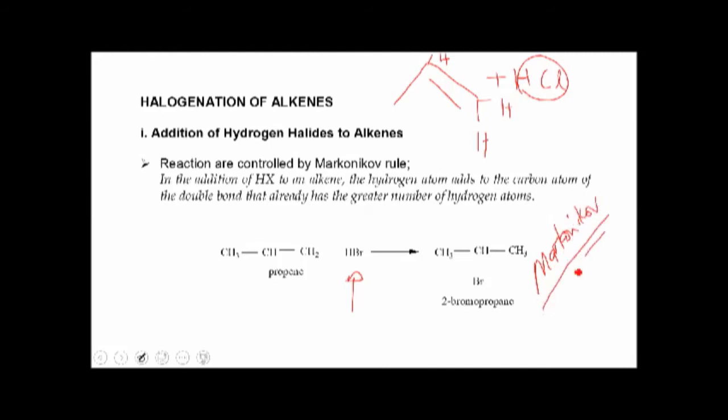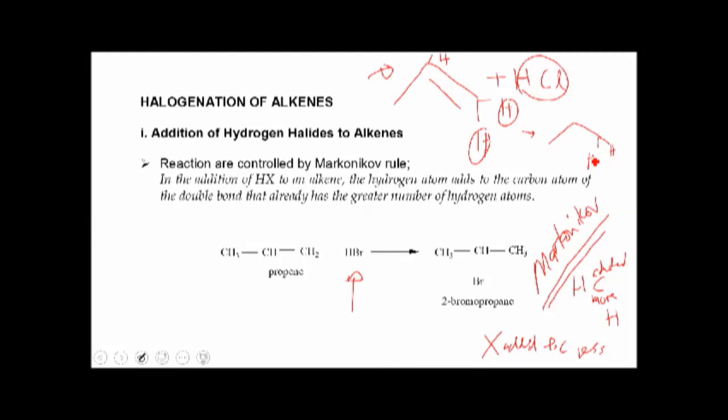So, Markovnikov said that hydrogen will be added to the carbon with more hydrogens, while halogen will be added to the carbon with fewer hydrogens. So for this case, for example, this particular carbon has 2 hydrogens, of course, more than the 1 hydrogen over here.